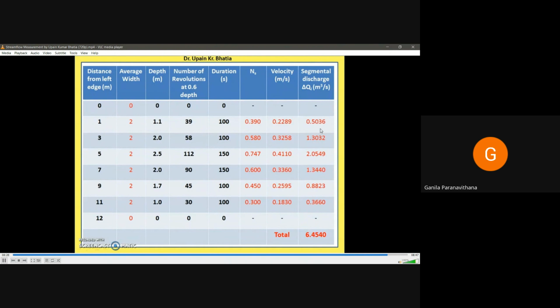All these values represent the segmental discharge through various segments. If you add them together, you get the total discharge going through the stream, that is 6.454 cubic meters per second. So this way, I think you can easily work out the velocity and the discharge going through the stream.